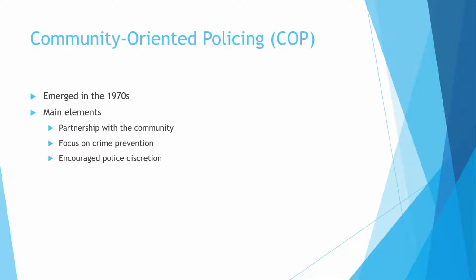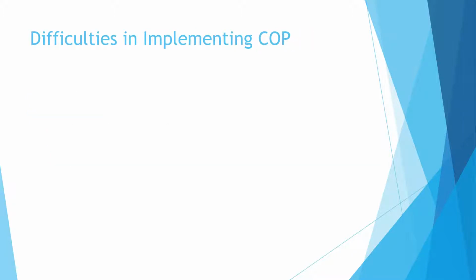What's the best thing for this victim? Use your discretion to achieve that result. And so community policing, instead of denying discretion, really put it front and center and said, we want to teach police officers how to better use their discretion, so let's give them good training, let's hire smart people to make good decisions, we'll partner with the community, and we'll try to prevent crime. All sounds good, right?